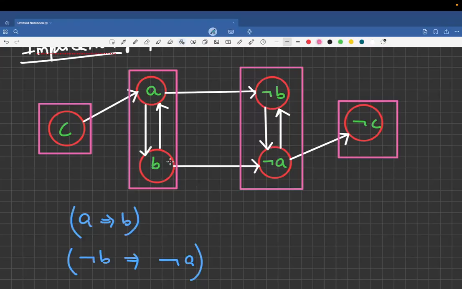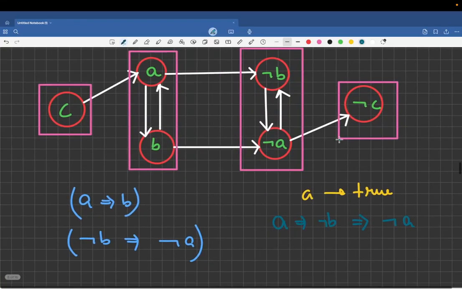The other thing is that the answer is possible, but how would we assign the variables? Because if you just look over here, if I assign the value of a as true, then from here, a implies not b and not b implies not a.